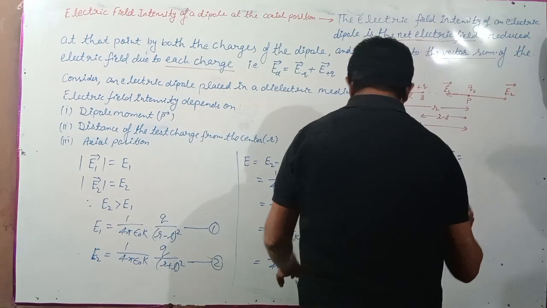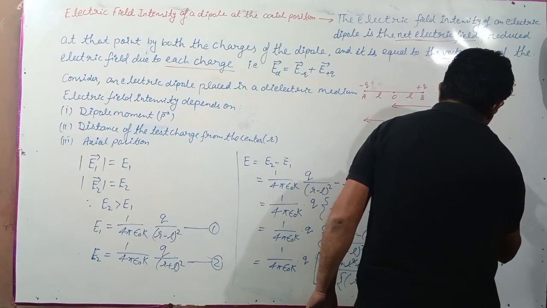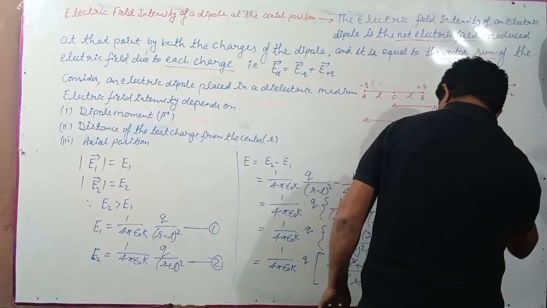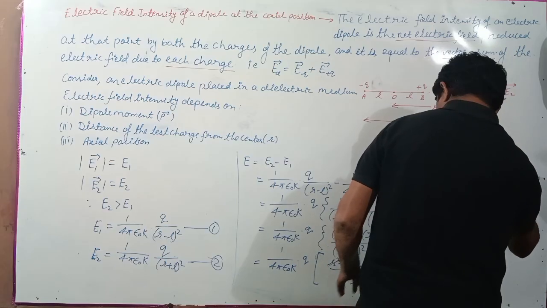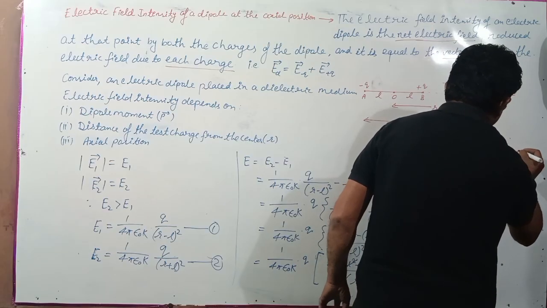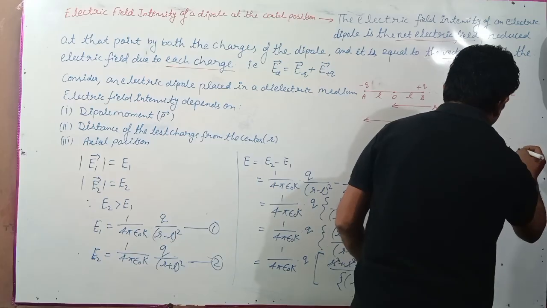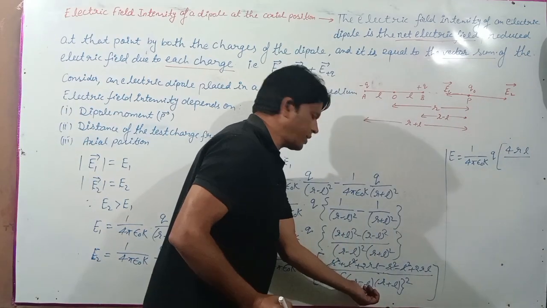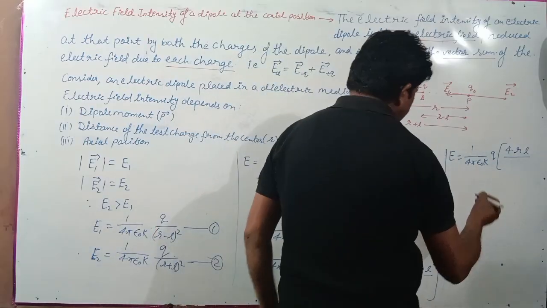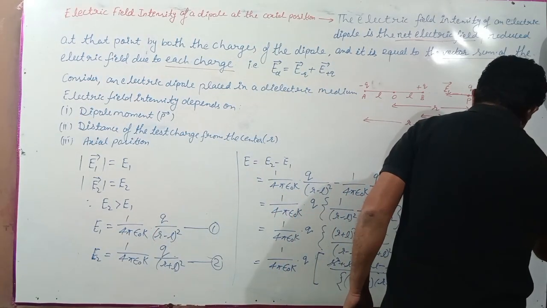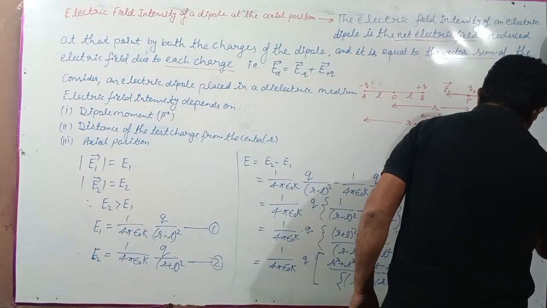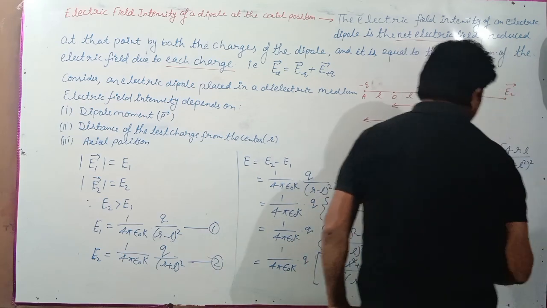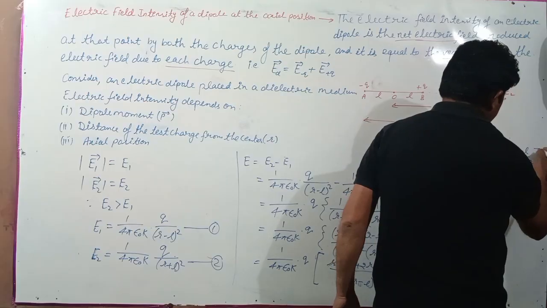E is equal to 1 upon 4 pi epsilon naught K Q, and here 4RL upon, this will make a formula: R square minus L square in bracket, but here it will become square.